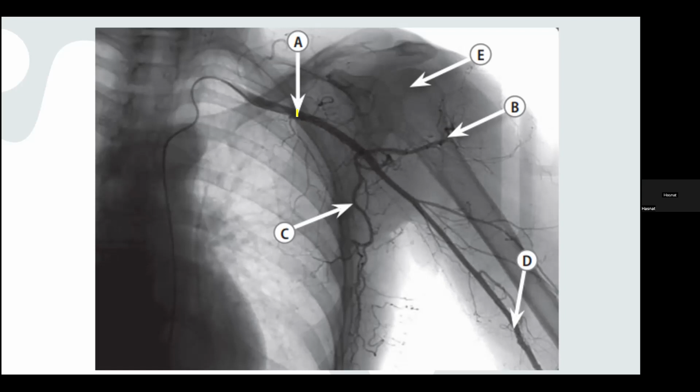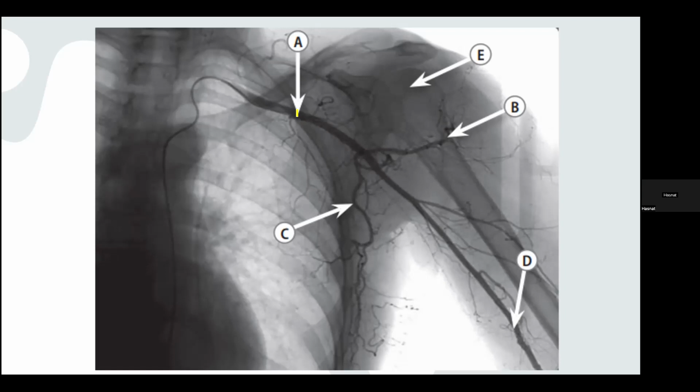Is the artery labeled A, the axillary artery, medial or lateral to its corresponding vein? I don't know. Either medial or lateral? That should be lateral. You got the right answer.